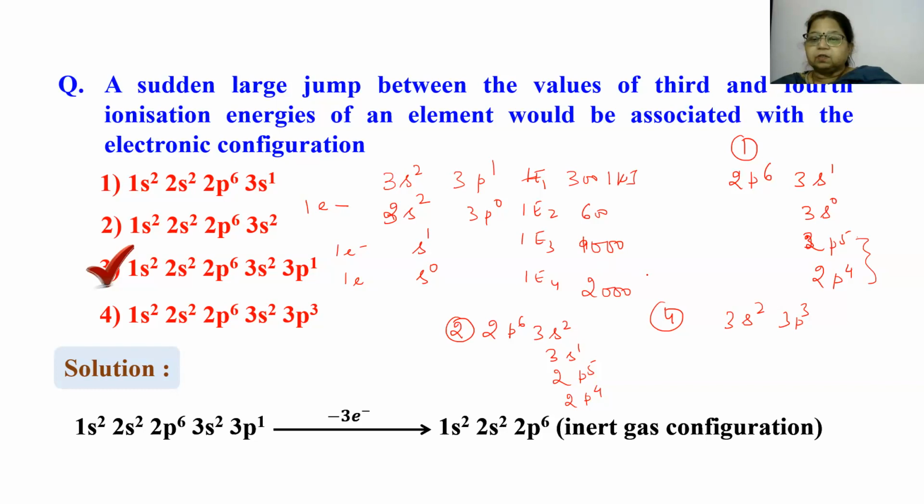So we have to rule it out in the first place, as it will be the most stable. Its first ionization enthalpy will be very high. Now, is it clear how you are going to approach these questions? Ananya, are you clear about it? Yes, madam. Anybody, Ria, are you clear about it?